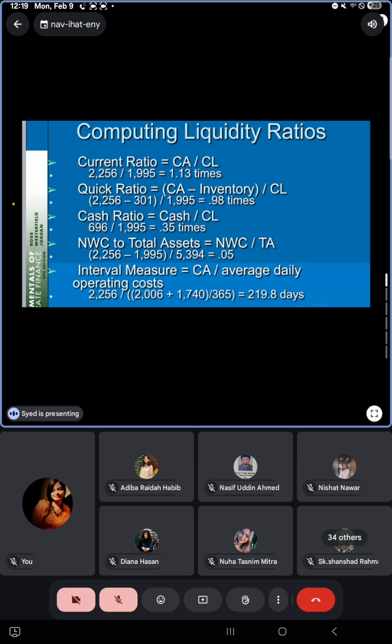The interval measure ratio is a very useful ratio. This particular ratio measures how many days the company can operate without further investment in current assets.